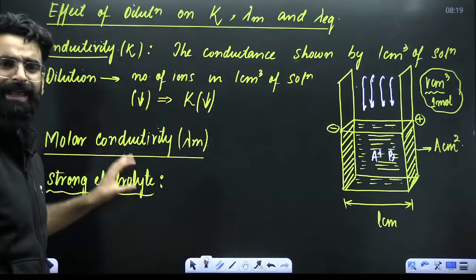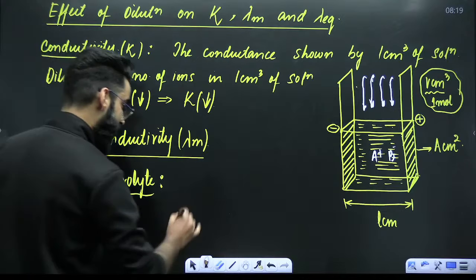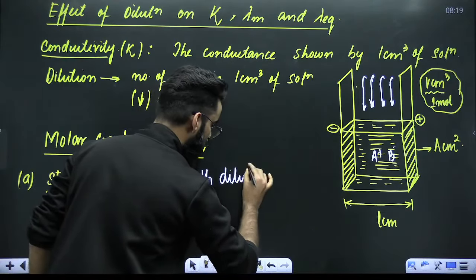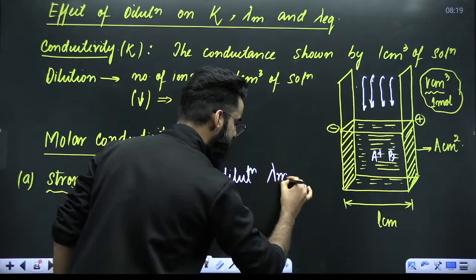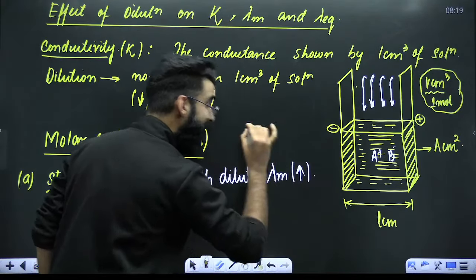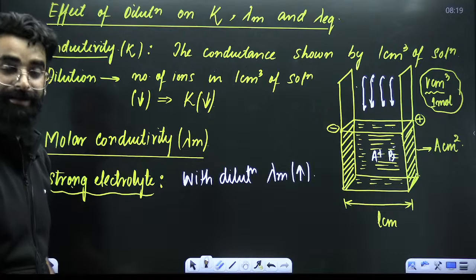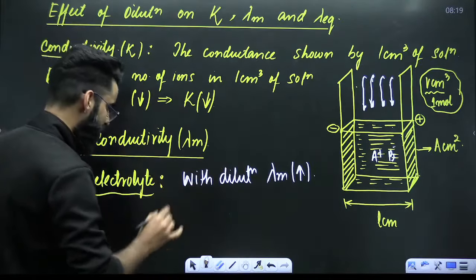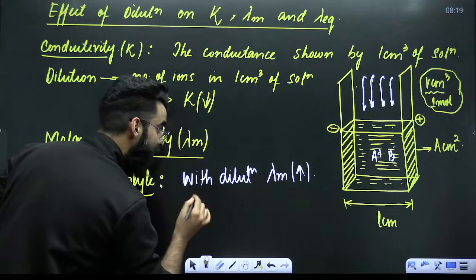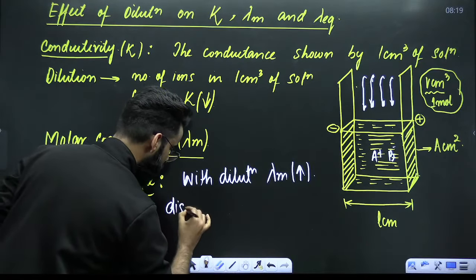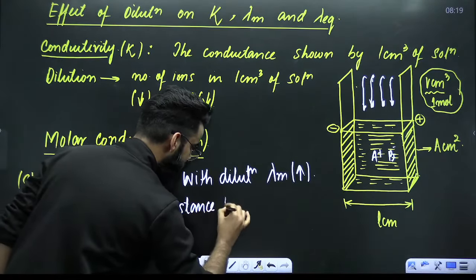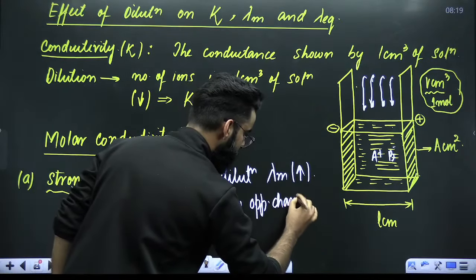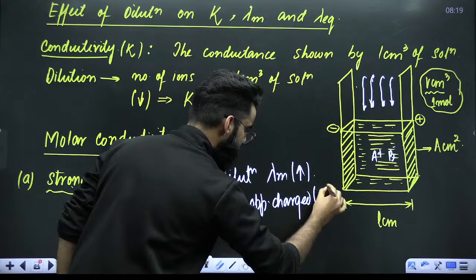So do remember, in case of strong electrolytes, with dilution, molar conductivity of the strong electrolyte increases. What is the reason? Reason is the distance between the oppositely charged ions increases.